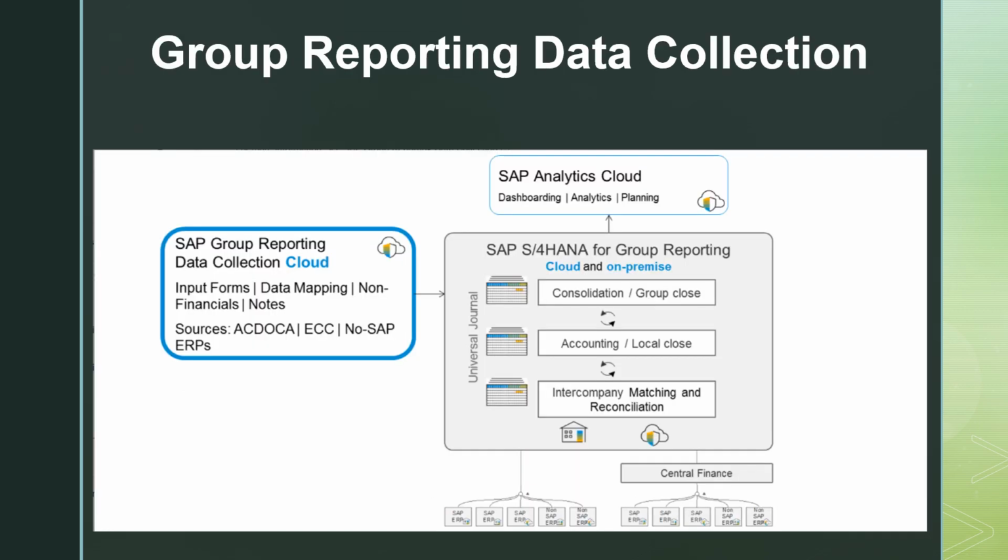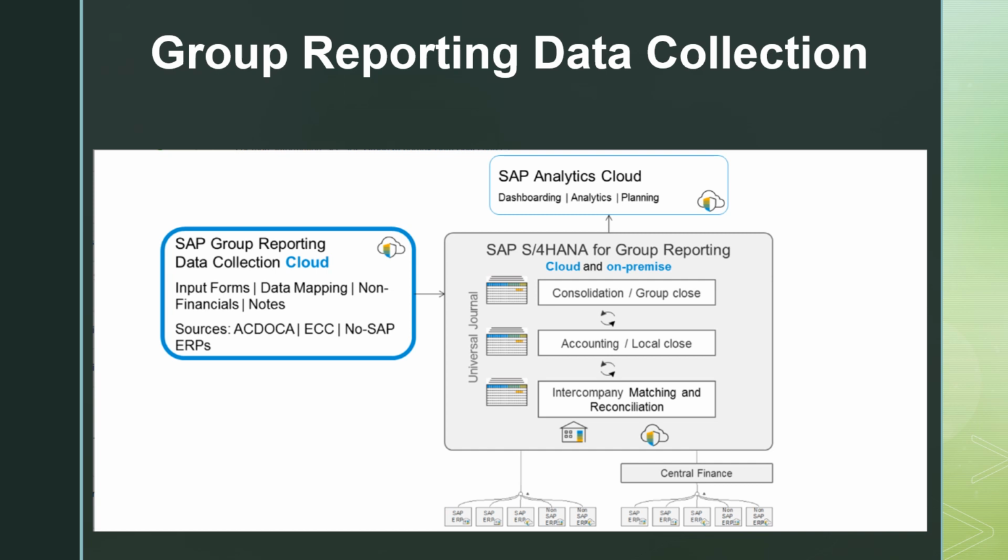In SAP S/4HANA Finance for group reporting, GRDC apps replace all kinds of spreadsheets and email-driven processes, hence covering data collection and mapping scenarios for financial consolidation, statutory reporting, budgeting and forecasting, margin controlling, risk management, strategy management, tax filing and reporting. The app is hosted on the SAP Cloud Platform and relies on data such as master data and allowed breakdown categories from SAP S/4HANA.